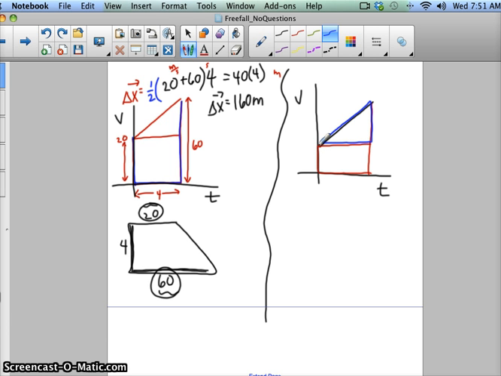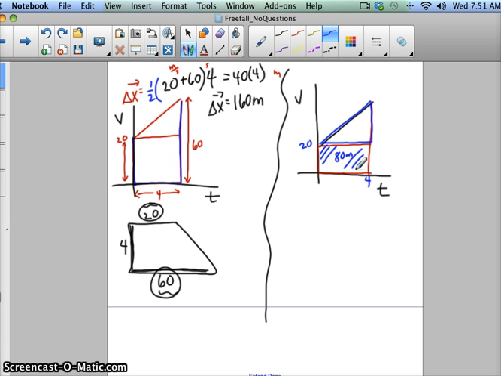Now, this height of the rectangle was 20. The length or width was 4. So this area in the middle is 20 times 4, which I think is 80. So that's 80 meters area.